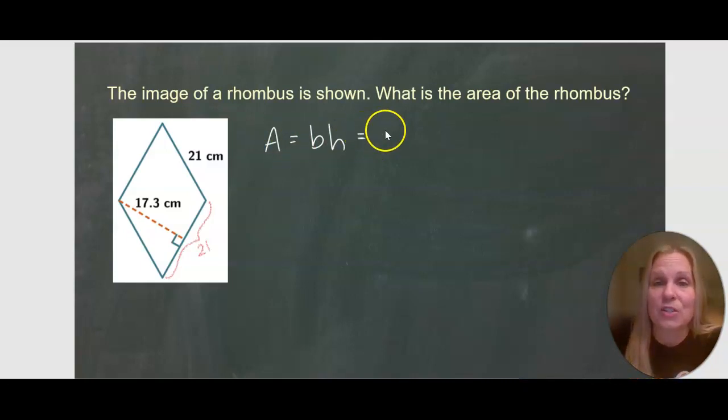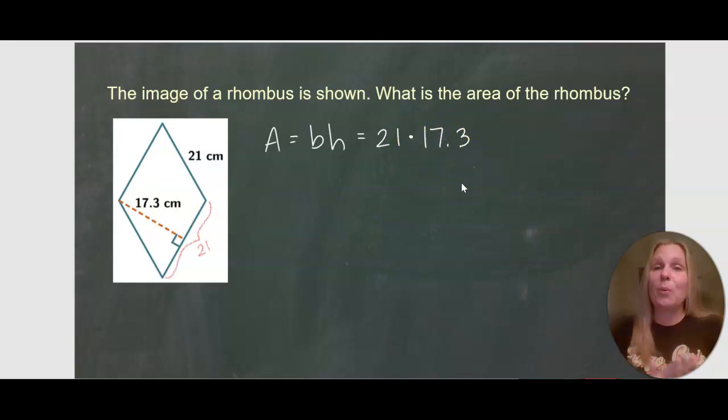My base is 21 because remember, all four sides are 21. And my height is 17.3. Now that brings me to another important concept. The height and the base always need to be perpendicular to each other. You know what perpendicular means?